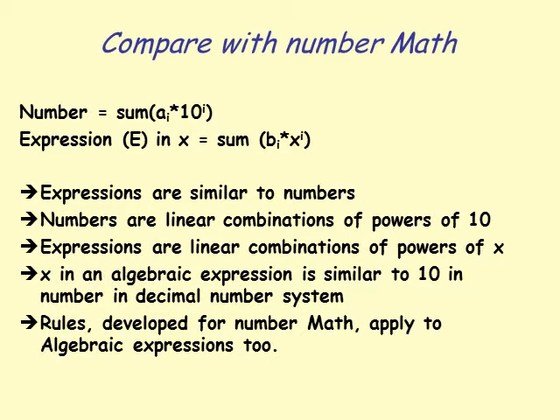The x in an algebraic expression is similar to 10 in the decimal number system. If x were 10, the two would be equivalent. That would mean rules developed for number math apply to algebraic expressions too, so we can use the same rules we developed for number math.